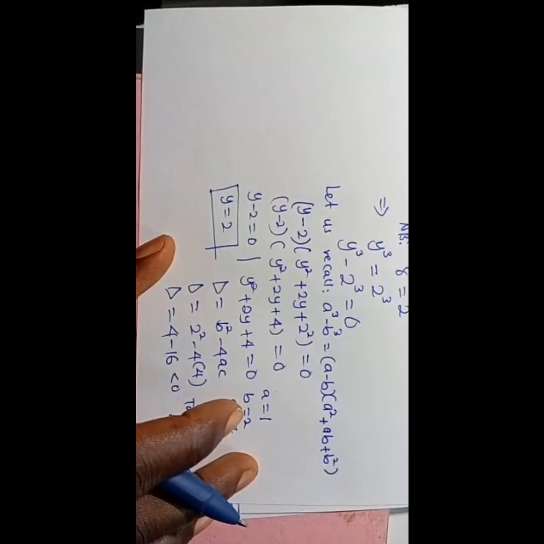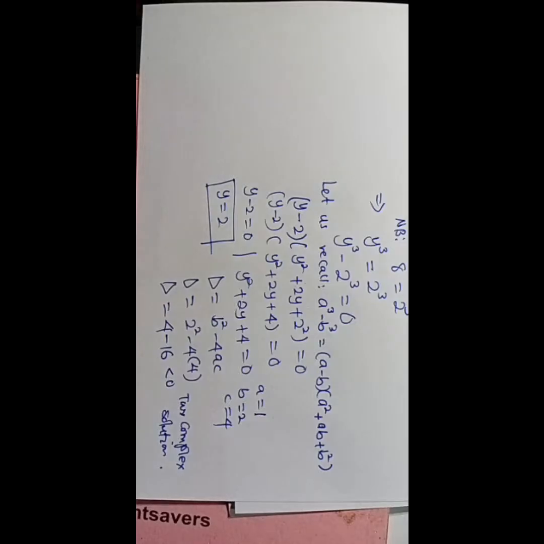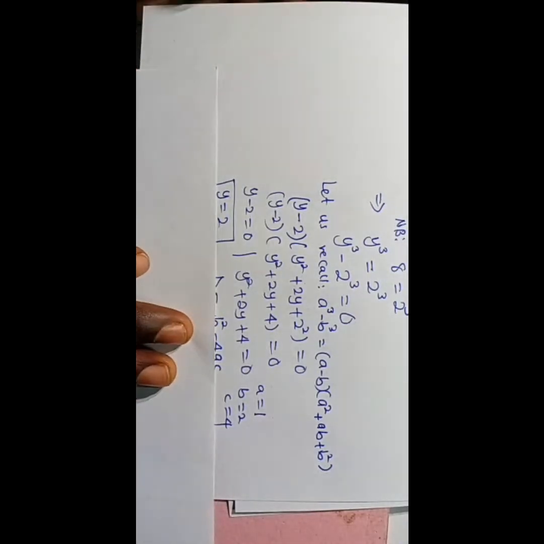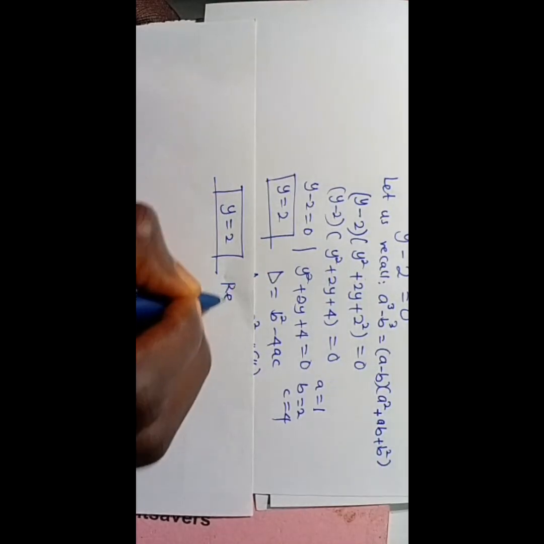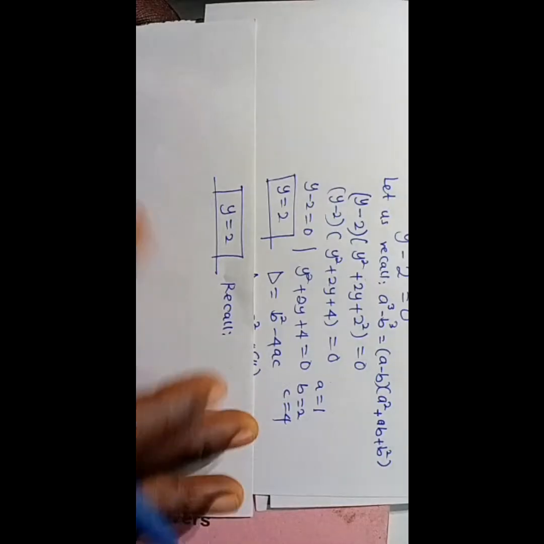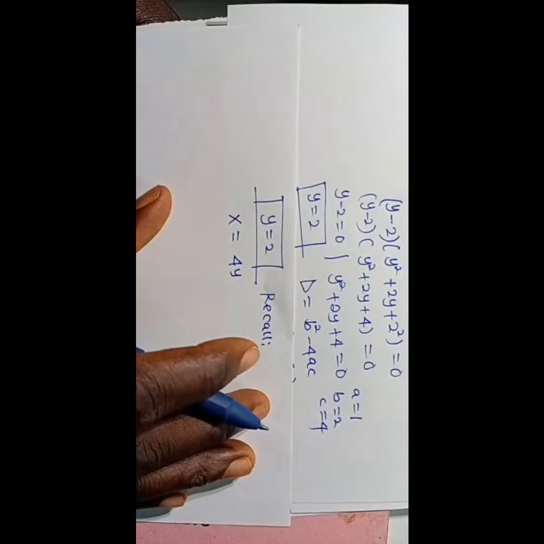Then we have two complex solutions. Now, from here, we have y equals 2. Recall that x equals 4y.